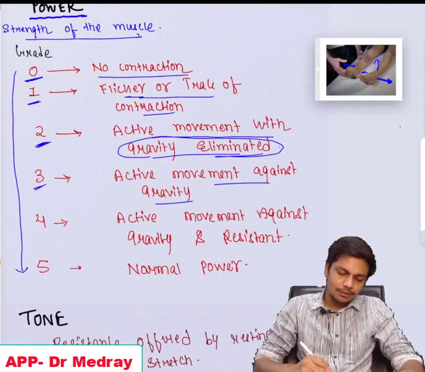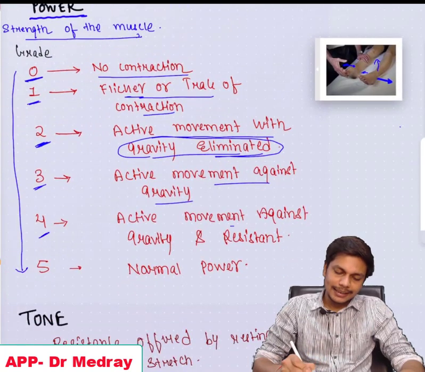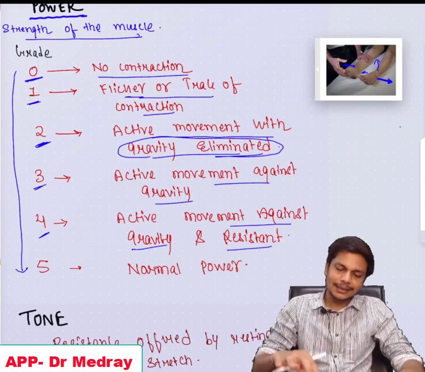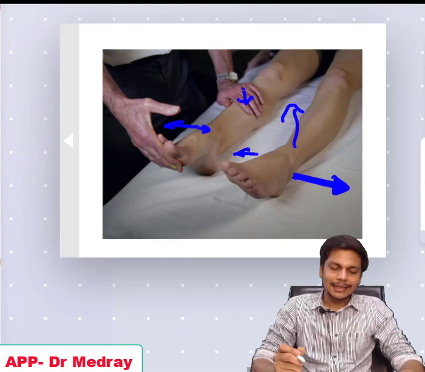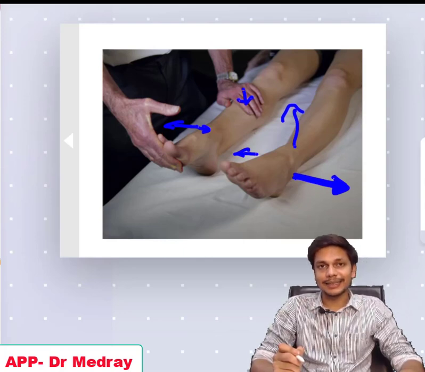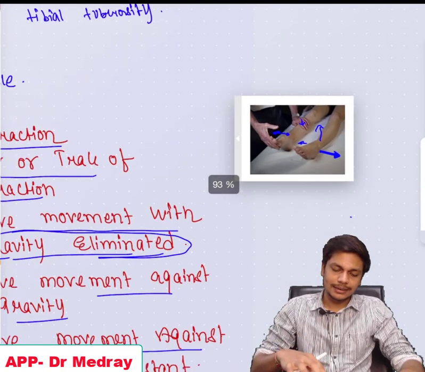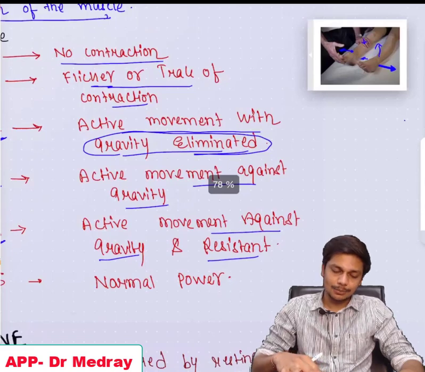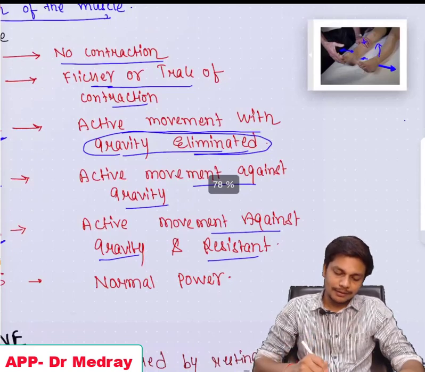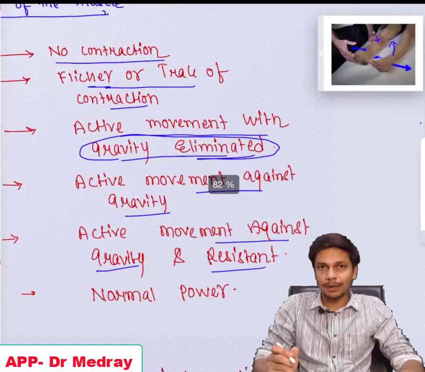The power will be 4 when there is active movement against gravity and against resistance. If I put a hand here and against this resistance the patient is able to lift his leg, then the power will be 4, against gravity and against the resistance of the examiner. The power will be 5, that is the normal power.